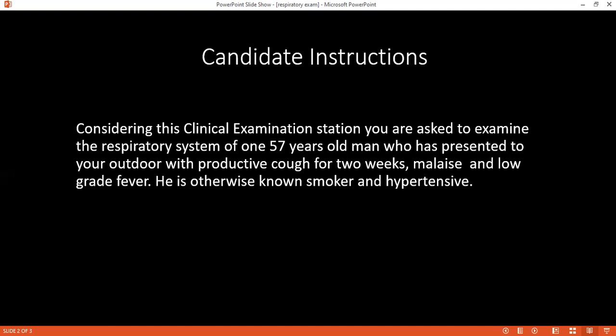I'm starting with feeling. I warm my hands, and I start by localizing the trachea, which is central. I measure the cricosternal distance and palpate the chest, apex beat, and expansion of the chest, and then examine the lymph nodes also, and vocal fremitus.